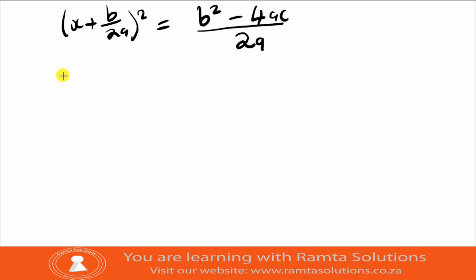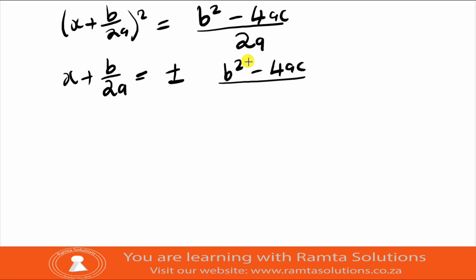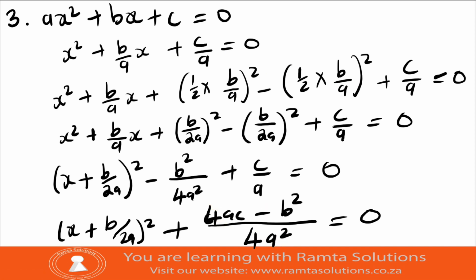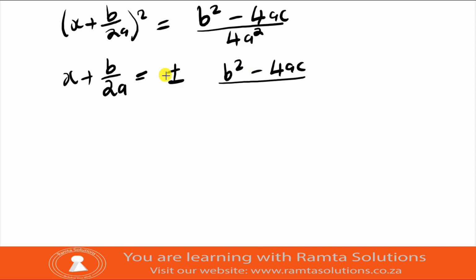Okay, now that trick again where we get rid of the square, it'll be x plus b over 2a equals plus minus the square root of this fraction, which is b squared minus 4ac, oh, my mistake here, this was 4a squared. Let me check. Yeah, it was 4a squared, so it'll be plus minus the square root of this guy.